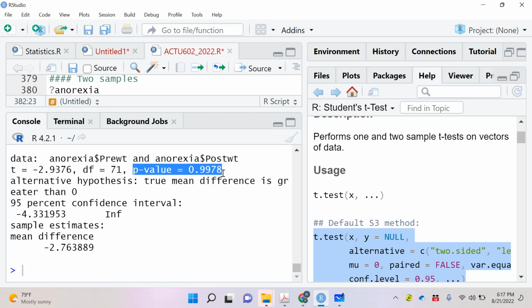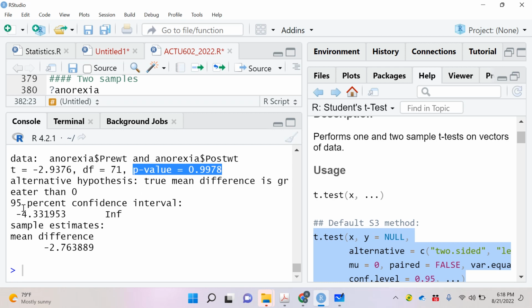There's no difference between the average pre-weight and post-weight. Okay. So it means we should not reject that. In other words, what can you say about the effectiveness of this regime, the intervention? It was not successful. Because the pre-weight and post-weight are not significantly different according to the test.